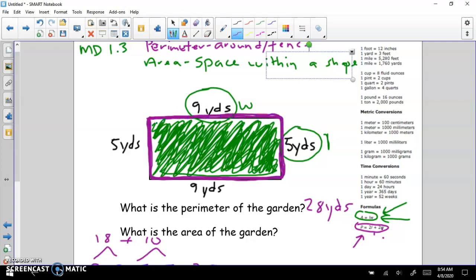I hope this helps as a little bit of a refresher for you from 3rd grade. We're going to be using this with some harder problems in the next coming days, but we wanted to take it slow, make sure we have a good understanding of the difference between perimeter and area and how to find them, and then we'll move on from there.